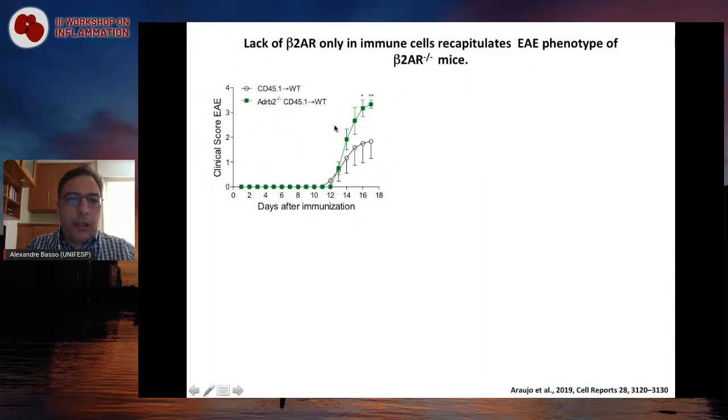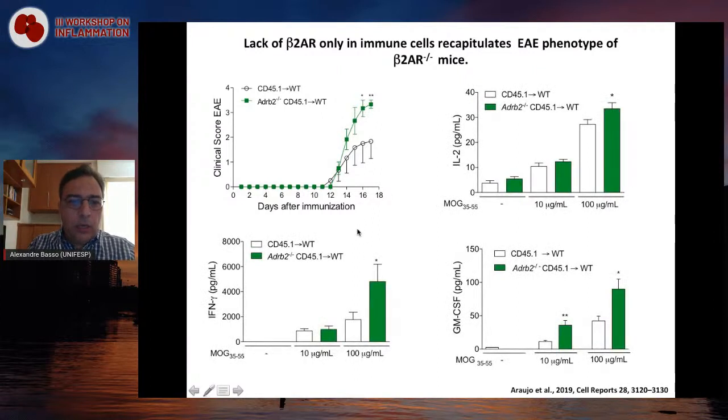So they develop more severe EAE. And talking about the generation of the adaptive immune response in those animals, we can see here that upon antigen-specific stimulation, the cells coming from the draining lymph nodes of the recipients reconstituted with the beta-2 deficient cells produced higher amounts of interferon gamma, GM-CSF, and also IL-2.